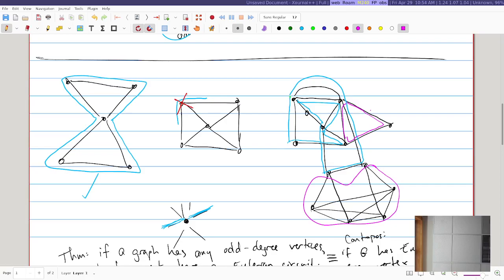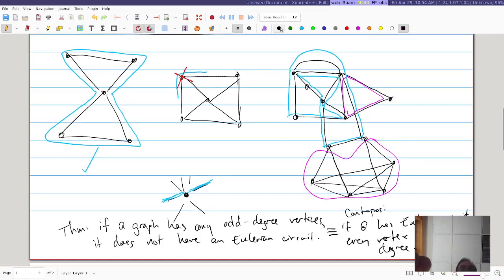Does every shape that we know has an Eulerian circuit have a unique one? No, definitely not. I can show you a very simple example.